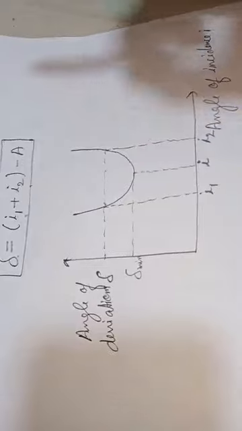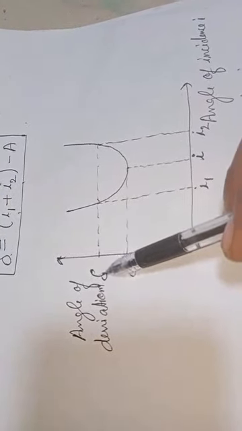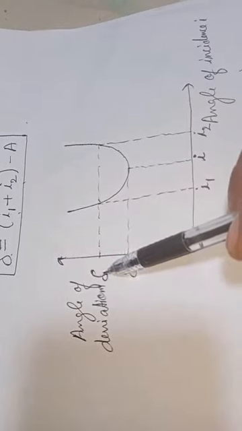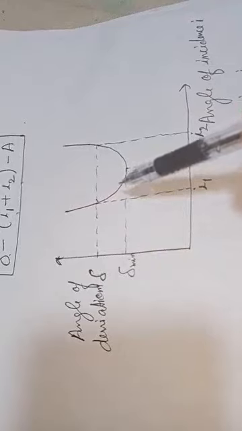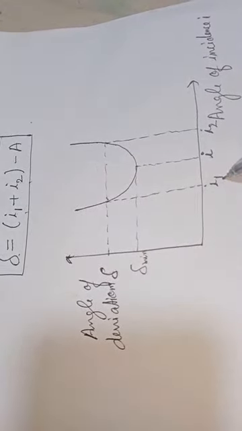Now in this graph we can see that for a value of delta, that is, for a value of angle of deviation, there are two corresponding values of angle. The first value corresponds to the angle of incidence, and the second value corresponds to the angle of emergence, I2.